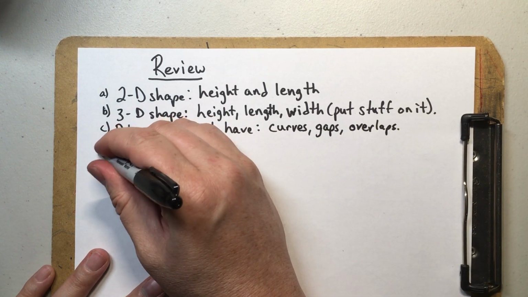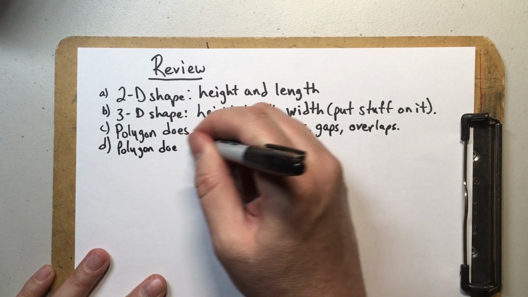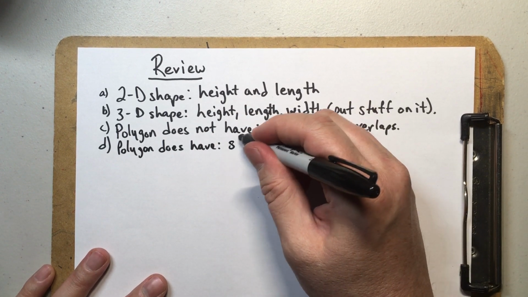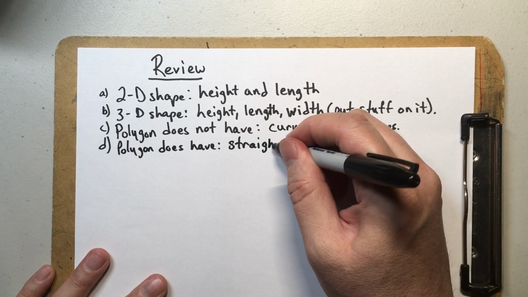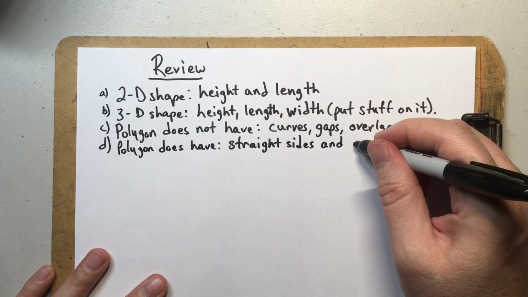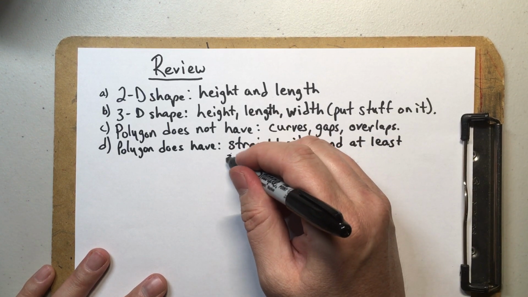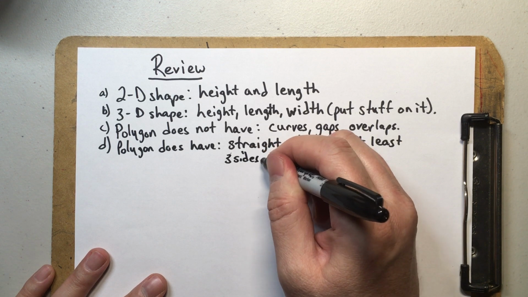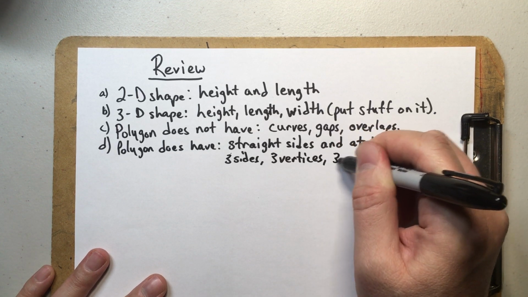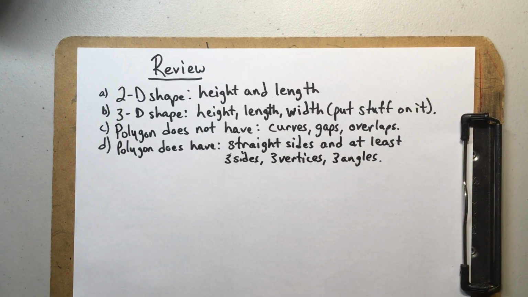A polygon does have straight sides, and at least 3 sides, 3 vertices, 3 angles. And you remember that the most basic polygon is a triangle.